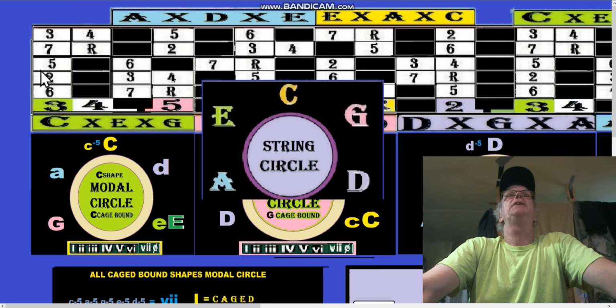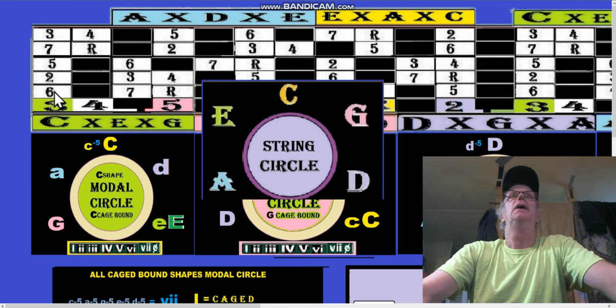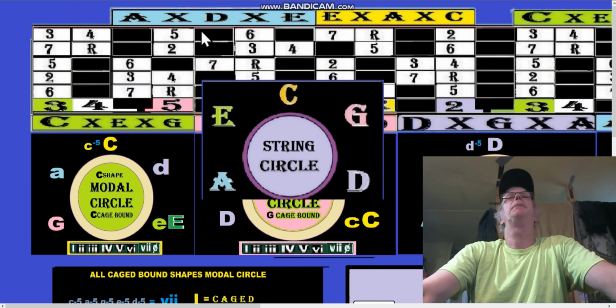Then we have the A shape, the 5, 6. And just learn these. E shape is 7 root 2. It's so much better than having to learn a pattern and count along. You're just assigning a letter to each of these strings, and then the C shape up top again. That is the string circle.